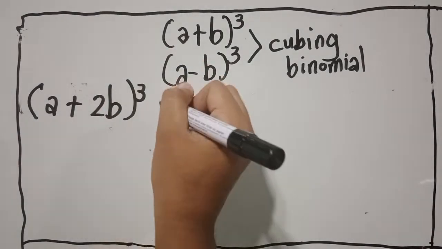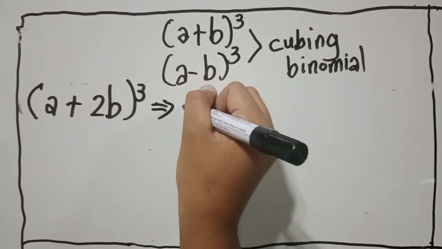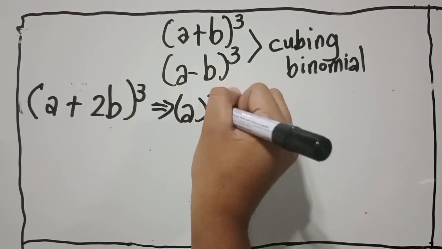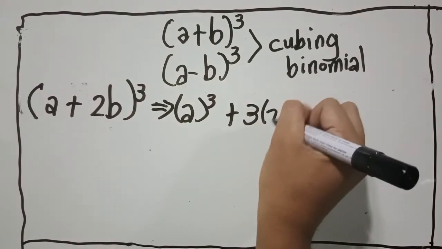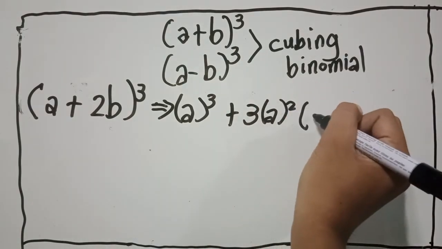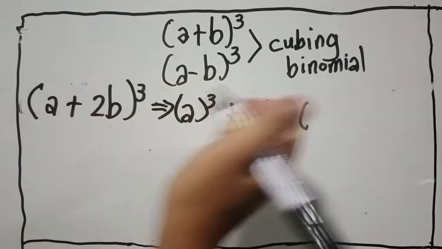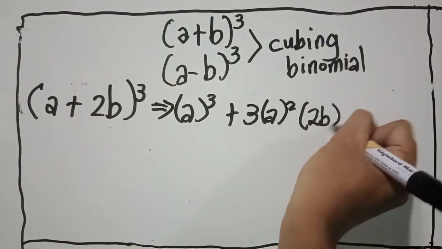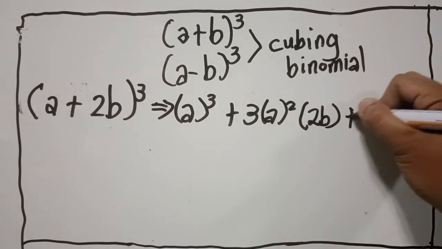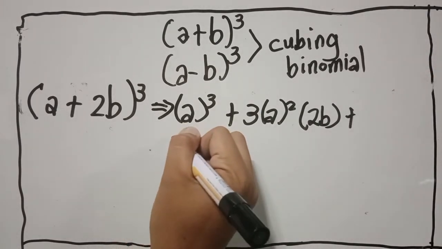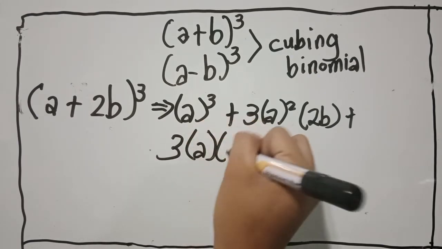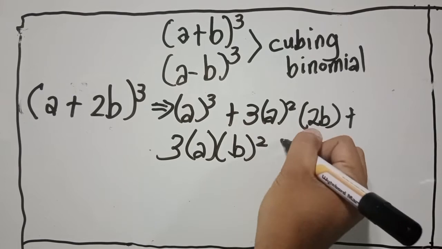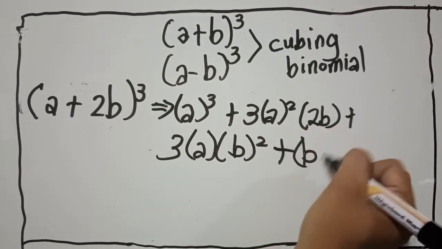That's the cube of the first term, plus 3 times the product of the square of the first term and the second term. The second term here is 2b. Plus thrice the product of the first term and the square of the last term, plus the cube of the last term.